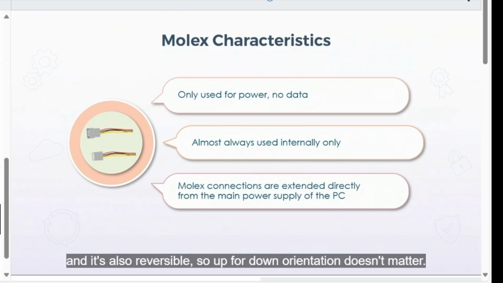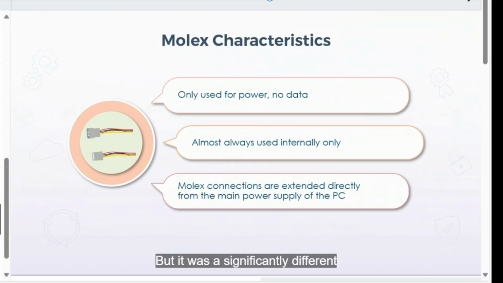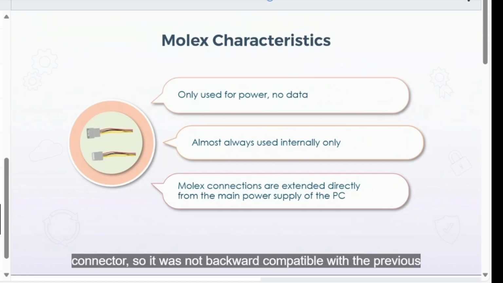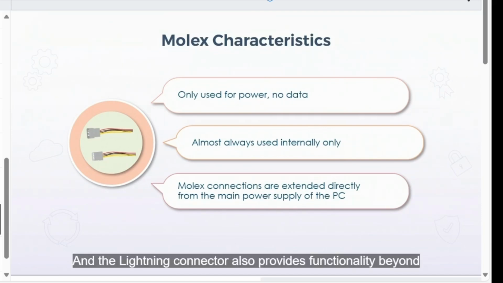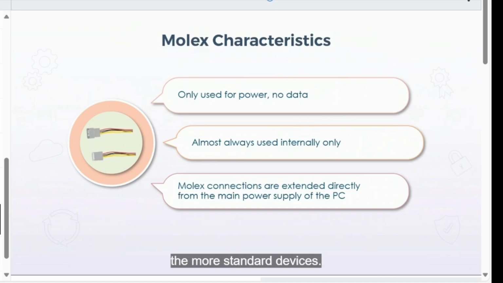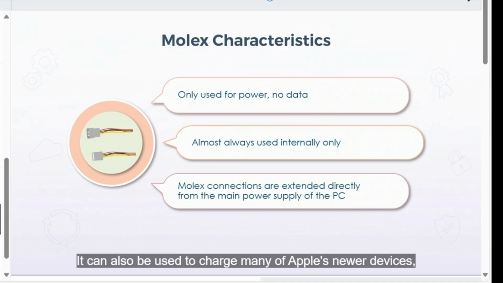So the power supply itself is really just a metal box, maybe about 4 inches wide, 5 inches deep, and 3 or 4 inches high. But that is what provided power for everything in your PC. So on the inside, if you were to take the cover off of something like a desktop, you would see all of these wires extending out of the back of the power supply, which could then be connected into the appropriate devices using the Molex connector.